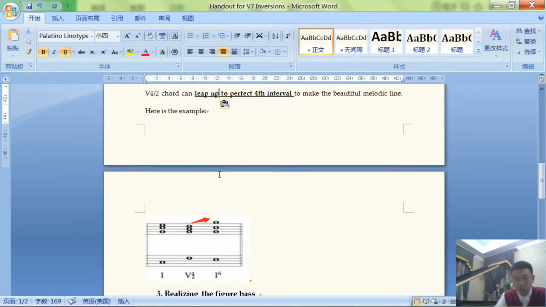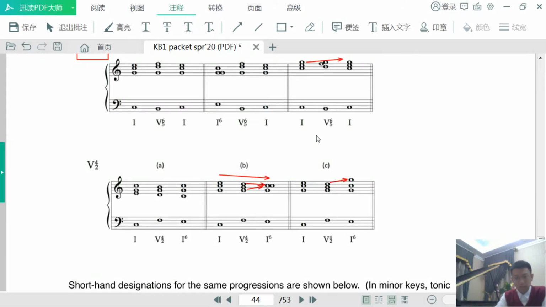Here's the example I showed before. So keep in mind that this situation is acceptable for the 5-4-2. Okay? Could I move on?